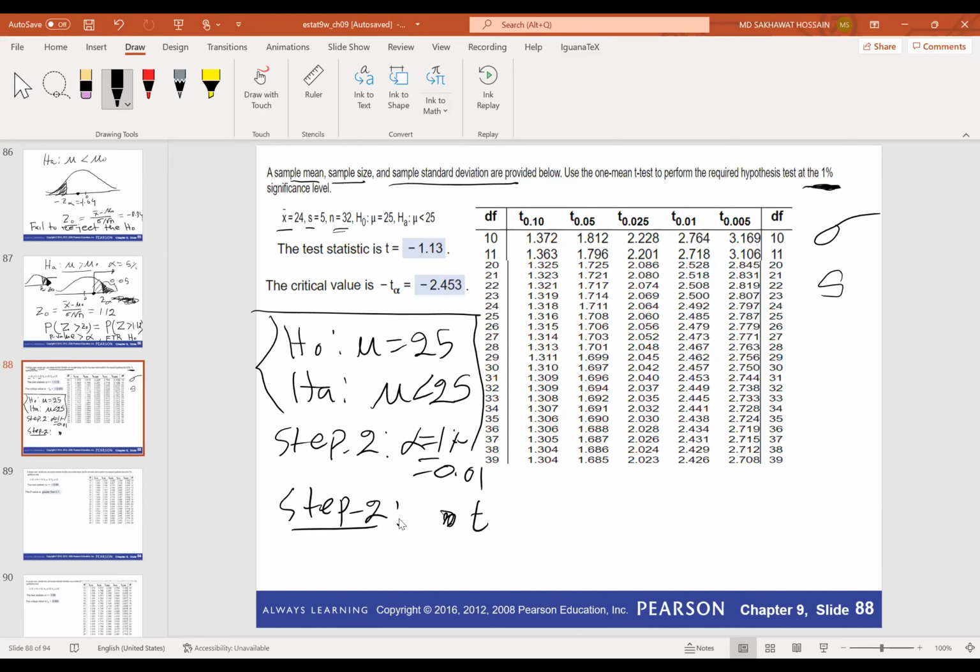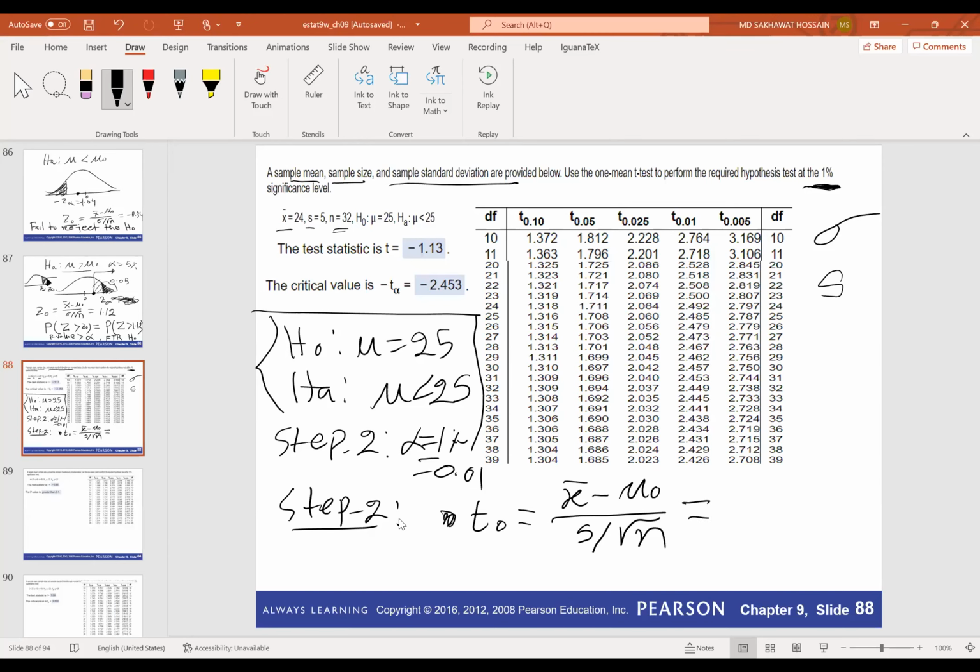Here the test statistic will be t observed or t0, which is x bar minus mu0 divided by s over square root of n. In the z-test, it was sigma over square root of n. Now it is s over square root of n. So whenever you have S, you will be using the t-test if the sample size is large or the population distribution is normal. But if you have sigma, then you will be using the z-test.